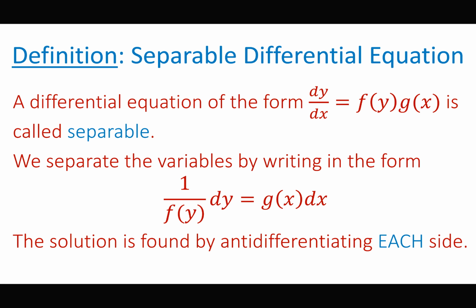If we want the original equation, we have to anti-differentiate. But we can't anti-differentiate a product f of y times g of x. We have to separate it. And now conveniently it's 1 over f of y with respect to dy. So our variables are the same, so I can integrate.